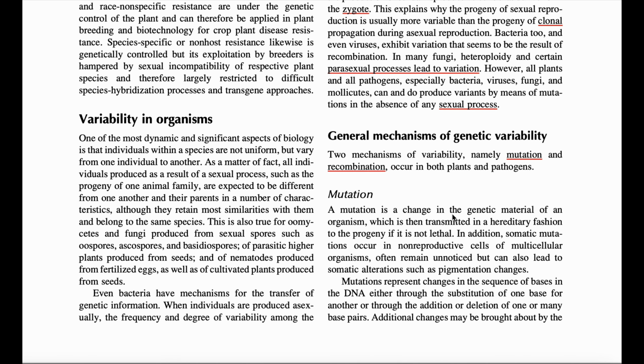It is a change in the genetic material of an organism, which is then transmitted in a hereditary fashion to the progeny if it is not lethal. In addition, somatic mutations occur in non-reproductive cells of a multicellular organism, often remain unnoticed but can also lead to somatic alterations such as pigmentation changes.